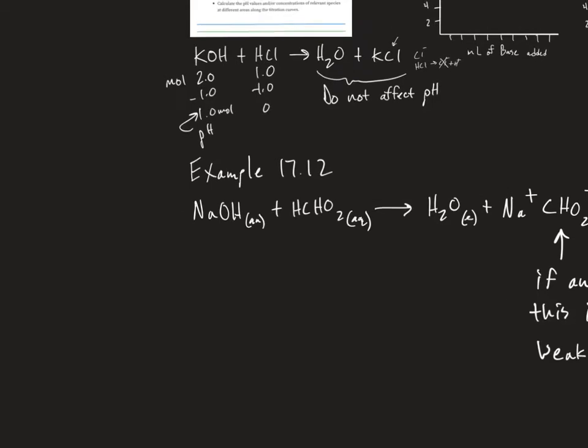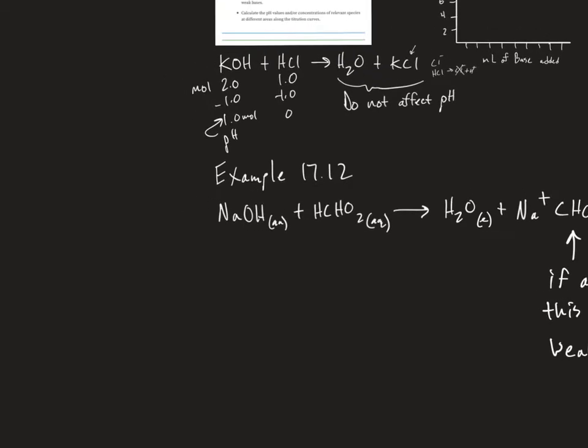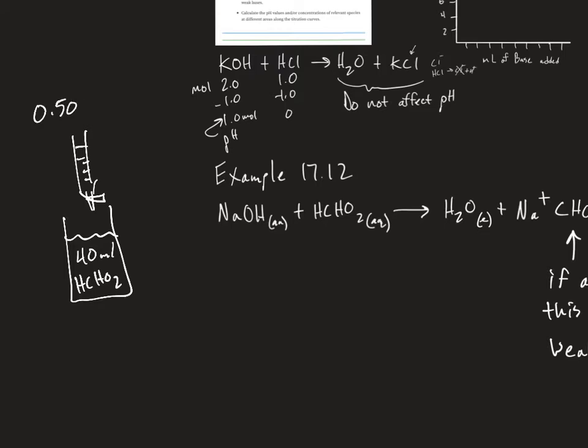This problem starts with 40 milliliters of formic acid. And then we're going to be titrating it with a strong base, and the strong base is going to be sodium hydroxide, 0.5 molar.